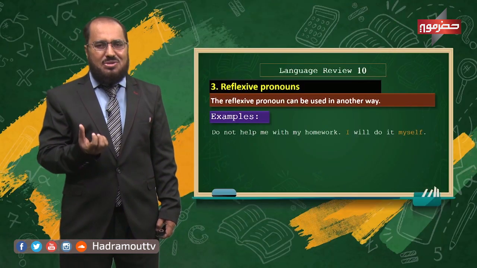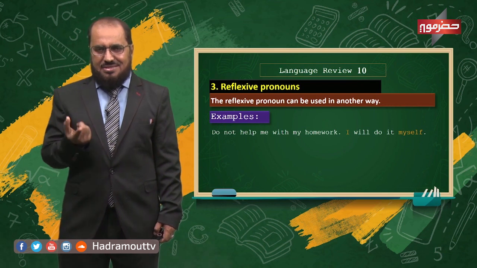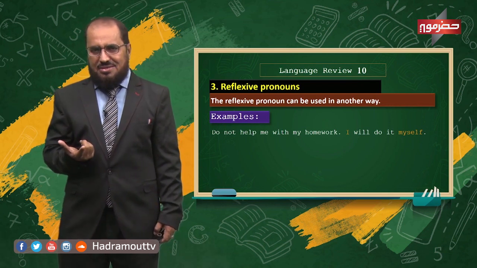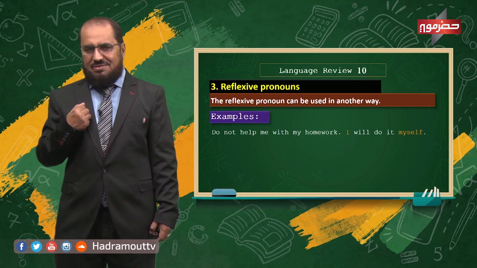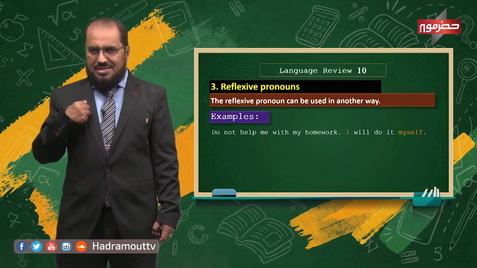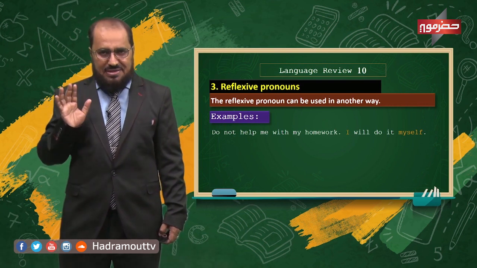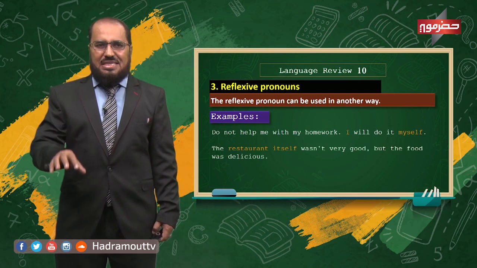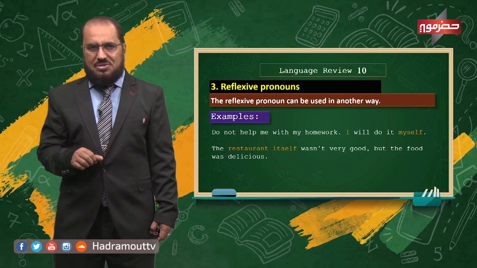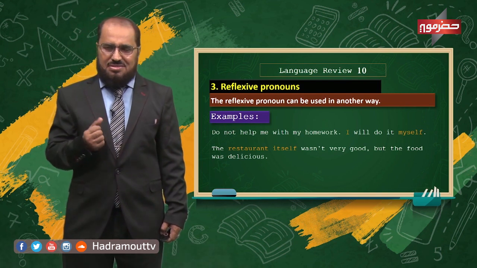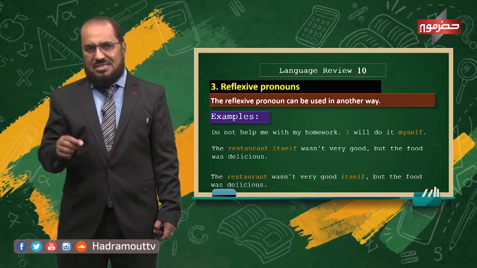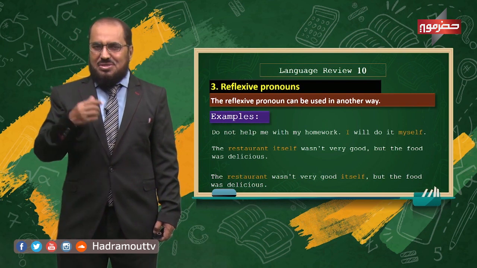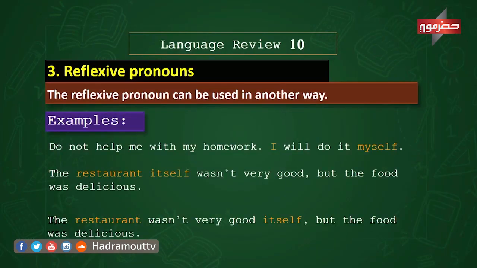Here the object is homework. It refers to the homework, okay? I'll do it myself, emphasizing that I will do this homework by myself. The restaurant itself wasn't very good, but the food was delicious. The restaurant itself, or you can say the restaurant wasn't very good itself, but the food was delicious.